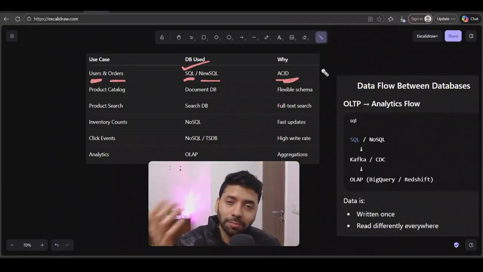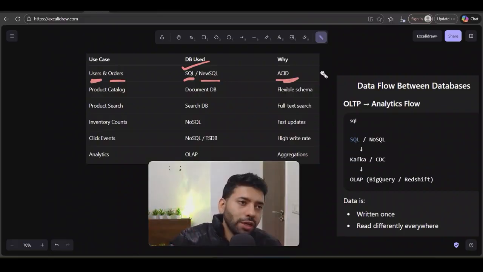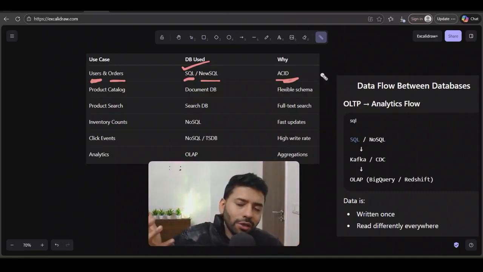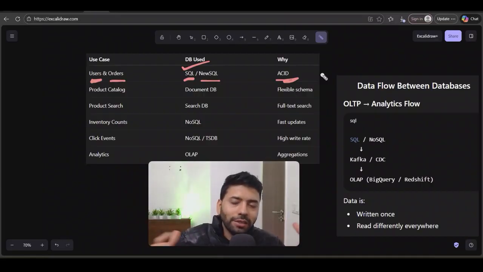For features like payment or purchase of products, you need strong ACID support, so you can use SQL. For search you need search DBs. For time series data you need time series databases. For product catalog or high horizontal scaling with high writes, you can use a NoSQL database. In that way you get the flexibility to use the best database based on the requirements of the feature.